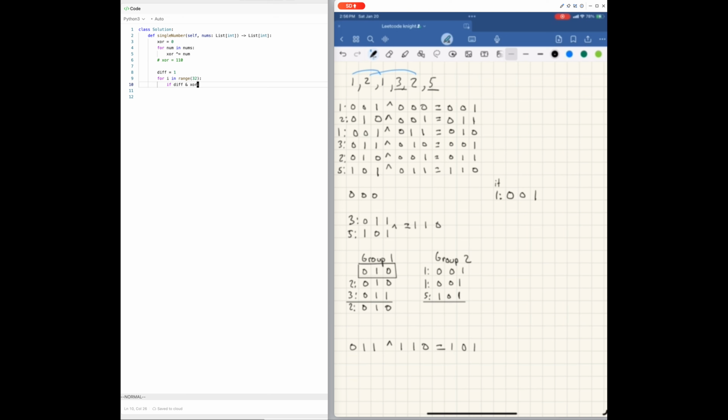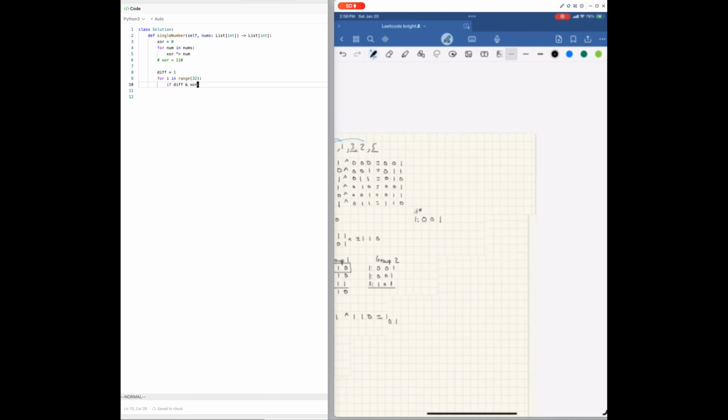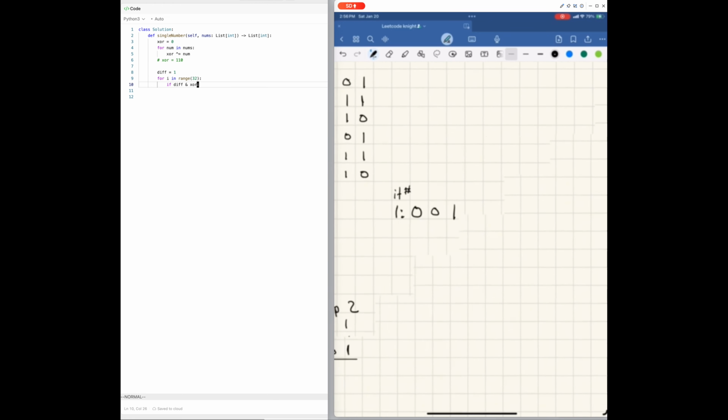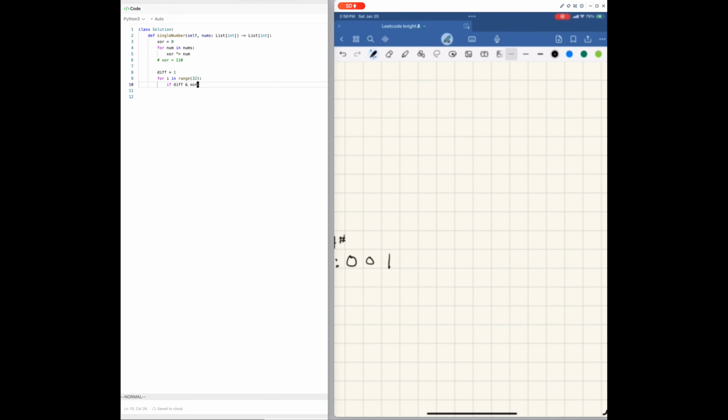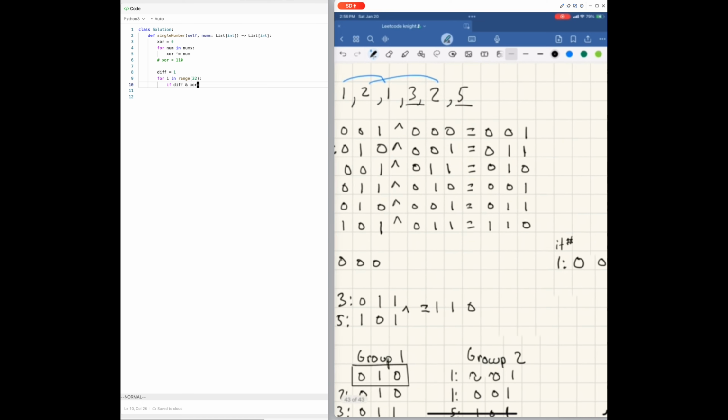Call it iteration number one. And we're basically saying, okay, well, the XOR number we're checking is going to be 110.